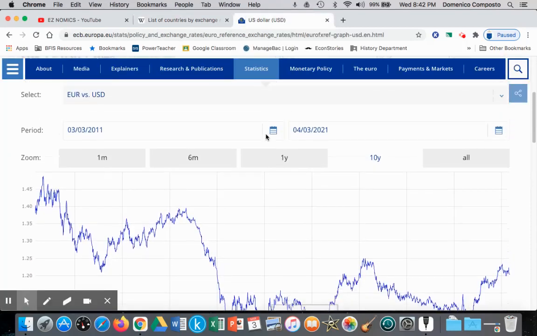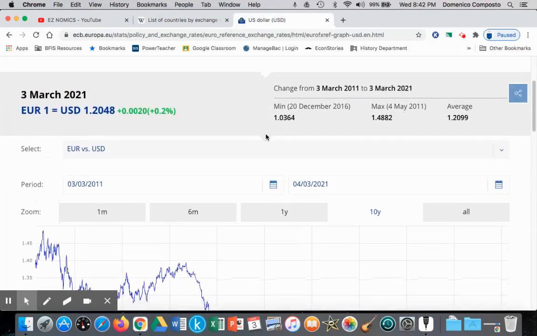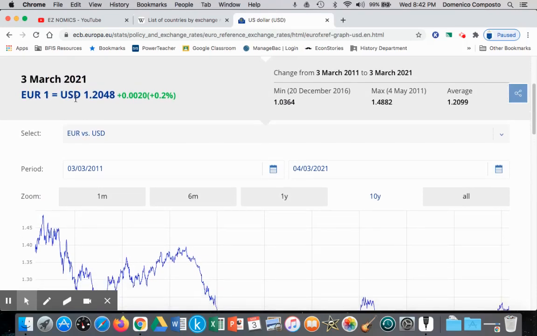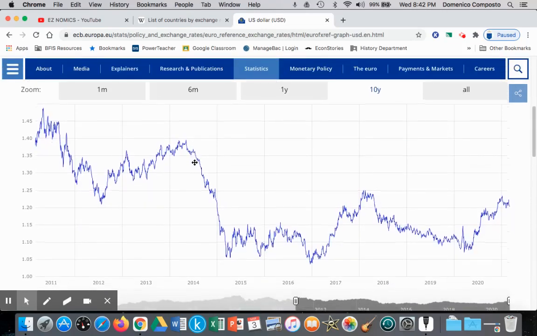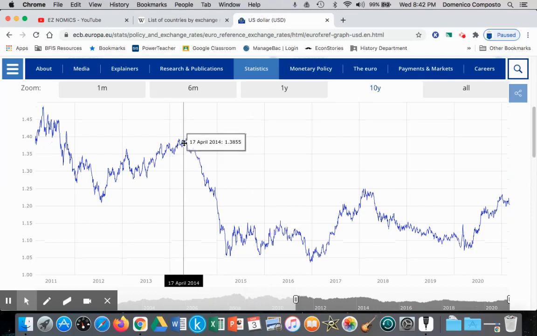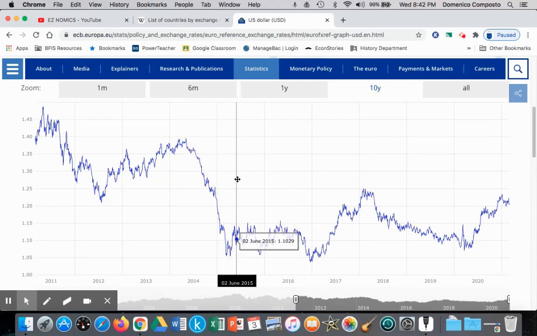In terms of some historical data, if we look at the value of a euro in terms of dollars, or how many dollars can 1 euro buy, here we have a 10-year span, and we can see that the euro lost significant value in 2014 going into the year 2015.